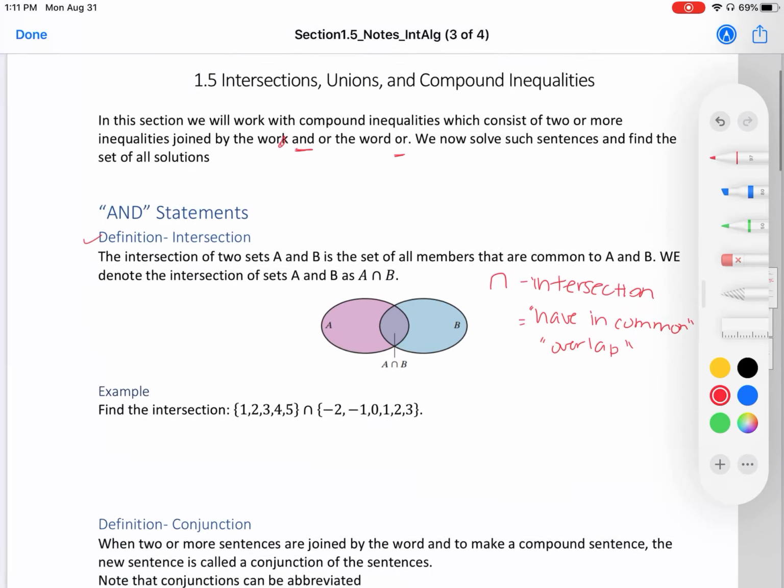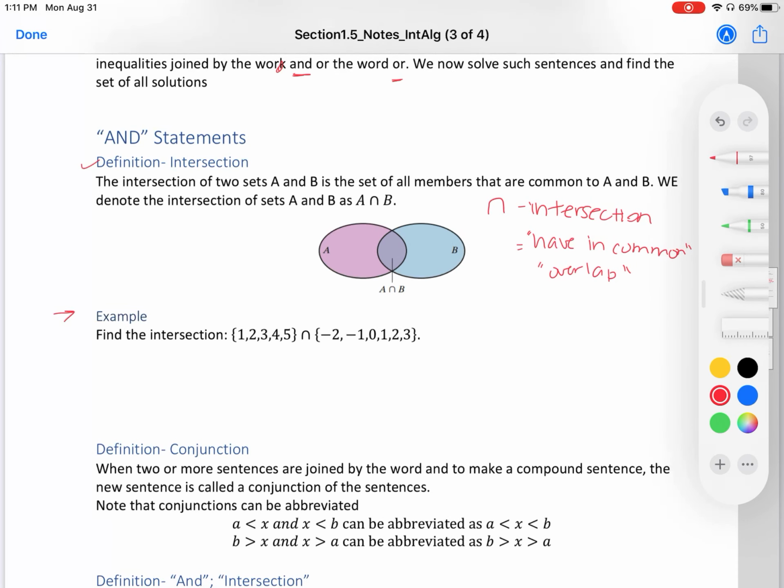So in this next example, we're being asked to find the intersection of these two sets. Each curly bracket represents a set. So think of this as set A and set B. I want to find the intersection. So I want to compare my two sets of numbers and say, hey, what do they have in common?